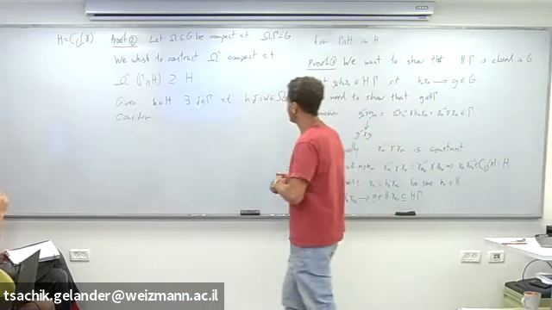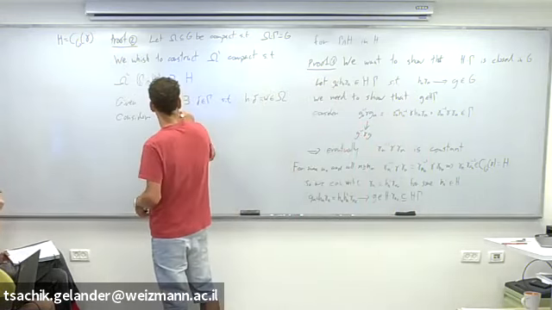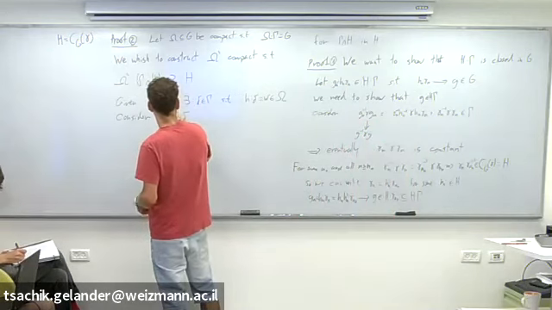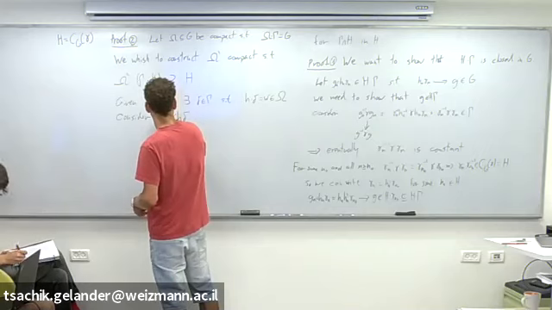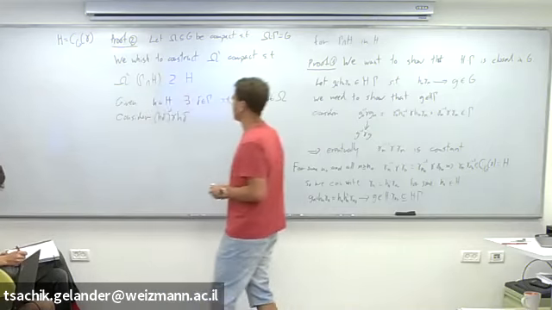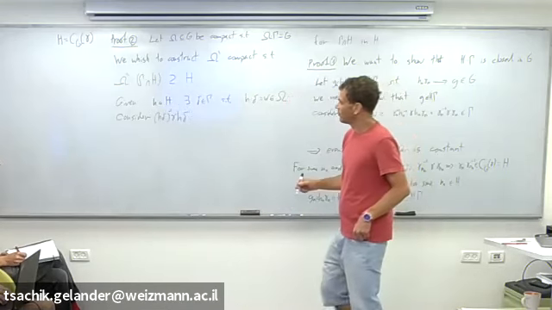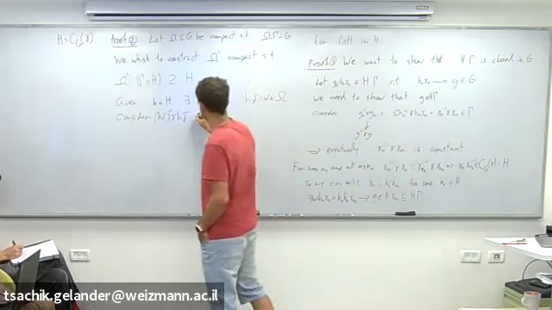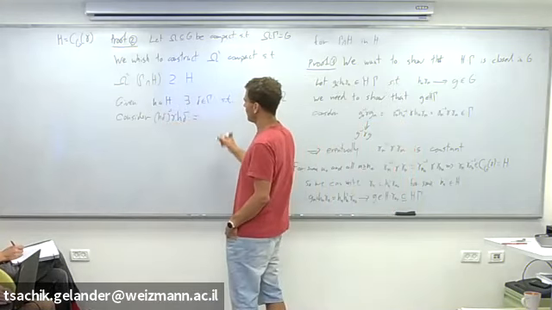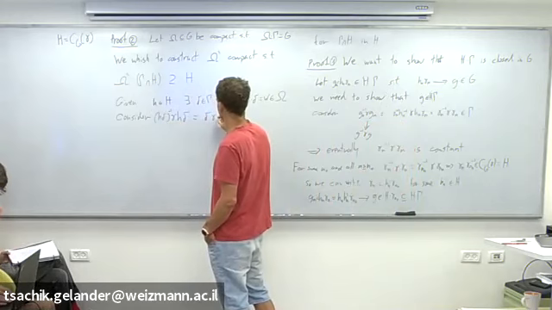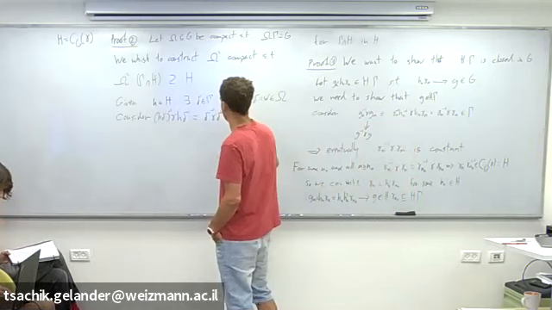So now consider H delta gamma, H delta inverse. So this, on one hand, H commutes with gamma, so this is delta gamma, delta inverse gamma delta, so it belongs to gamma.